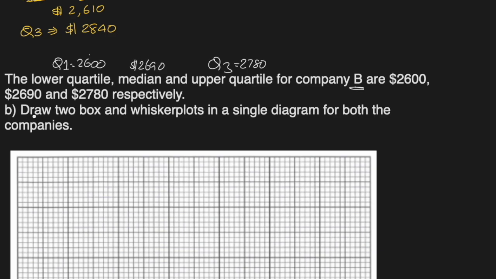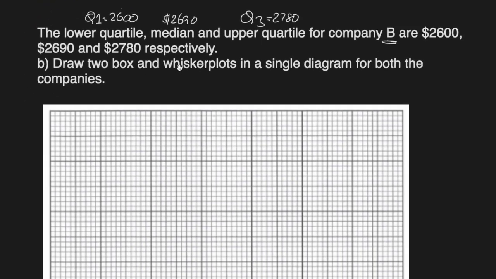What do we need to do? Draw two box and whisker plots on a single diagram for both companies A and B, and the space is given here. So what will I do now? I will fasten up this video, and you will see how I do it.